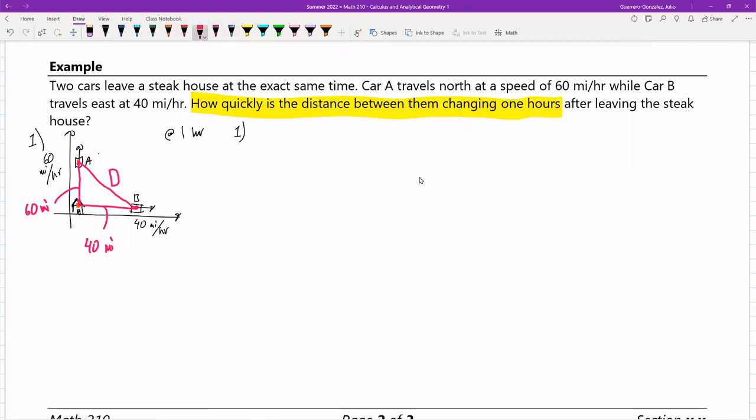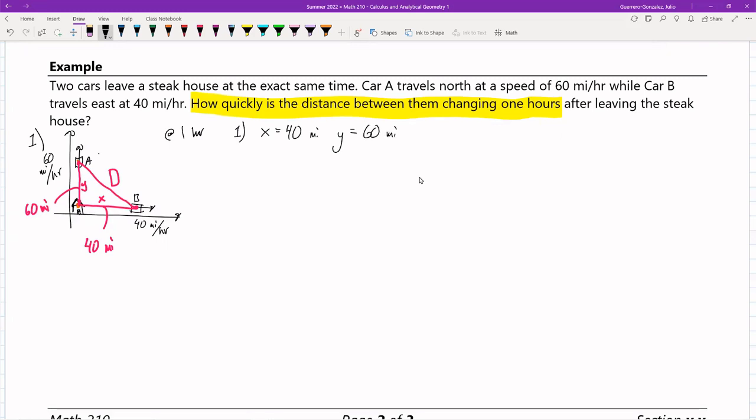I'm going to call this one X and this one Y. Looking at our picture, X after 1 hour is going to be 40 miles. Y is going to be the 60 miles.